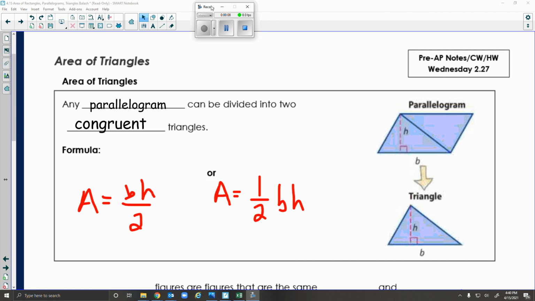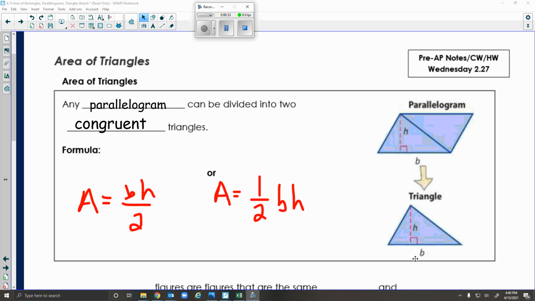This is part 2 of the video for this week, and it goes along with your area of rectangles and parallelograms. So area of triangles is actually pretty cool because if you take a parallelogram and you cut it in half, you'll get a triangle with the same length base as a parallelogram and the same height.